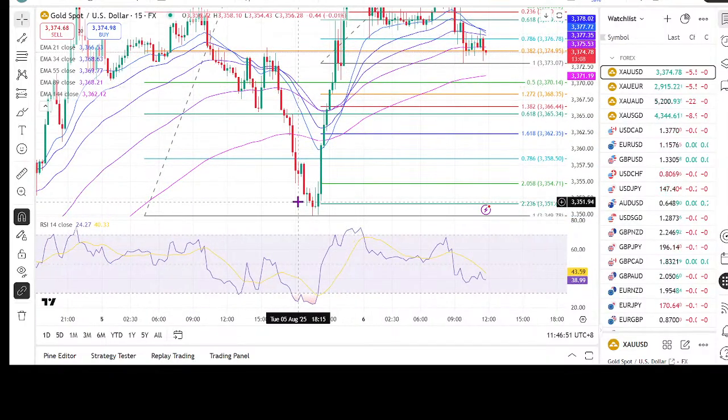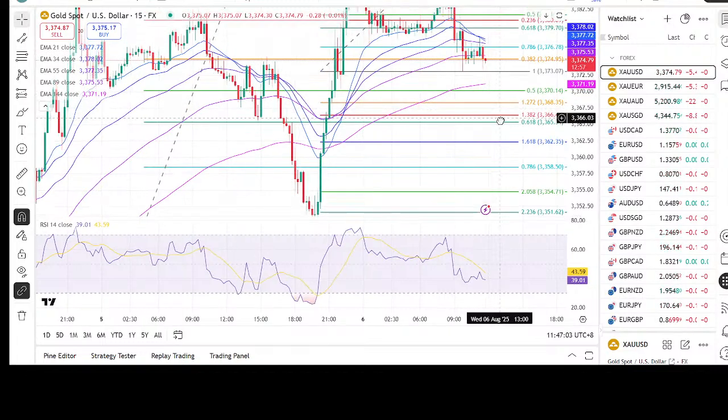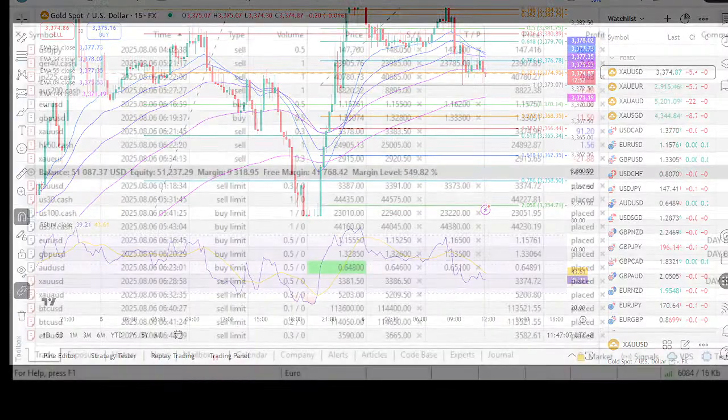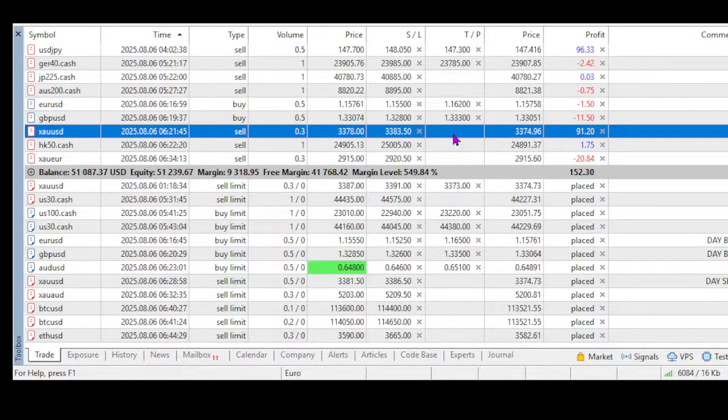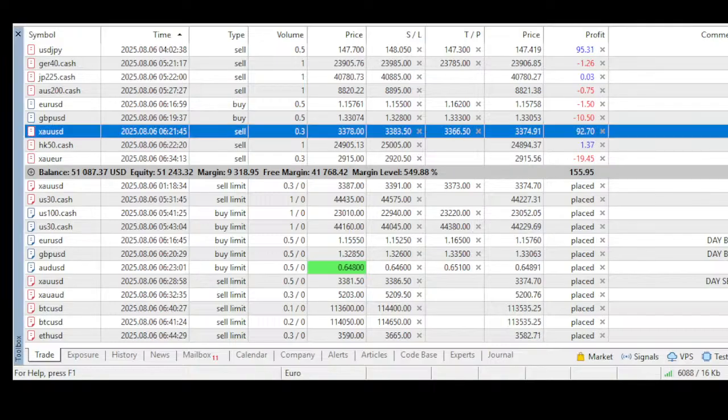And 65, 66 should be support, strong support. So the TP, we want to put it at 66 half.